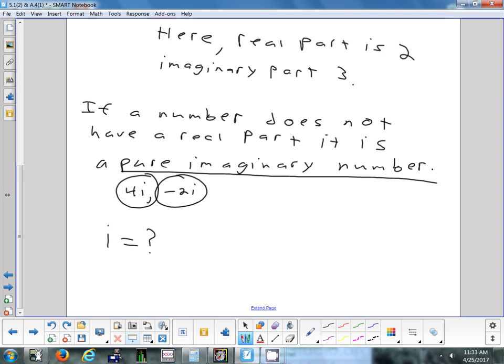Just like pi: in Greek, pi is a letter, but in math, it stands for something, specifically 3.14. So in a couple minutes, we'll answer what i stands for. It is a letter, but it stands for a number, just like pi.